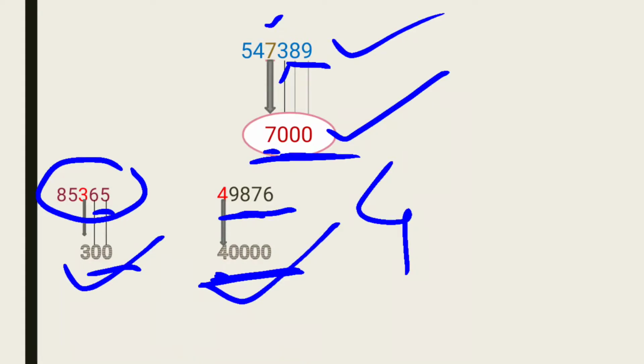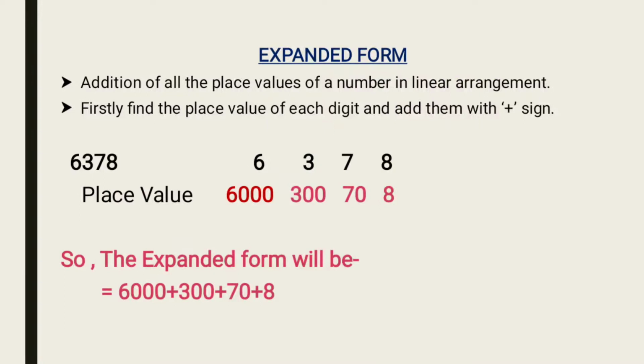I hope now you are clear with the concept of face value and place value. Now there is one more term, expanded form. Expanded form in Hindi you can say as vistarit roop. This is very simple if you know how to find the place value.